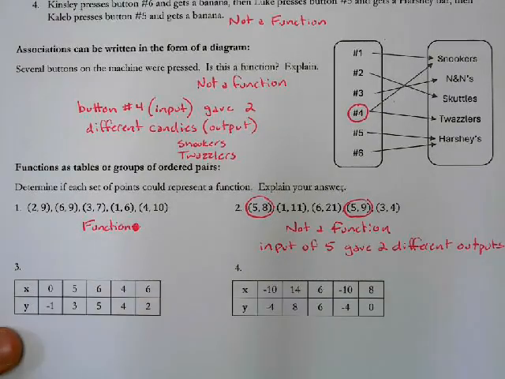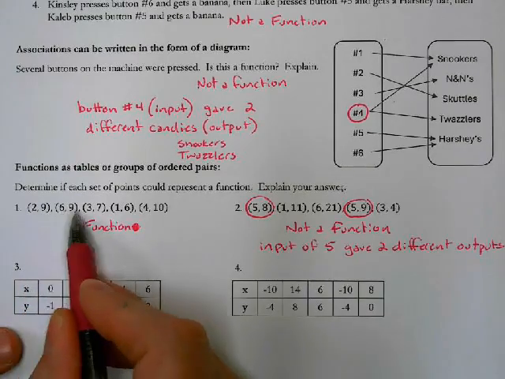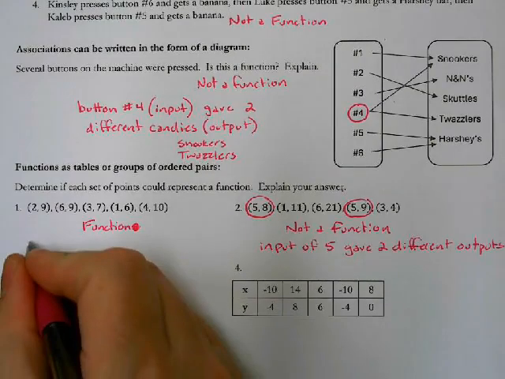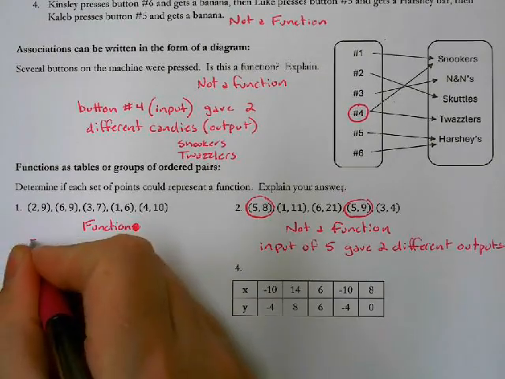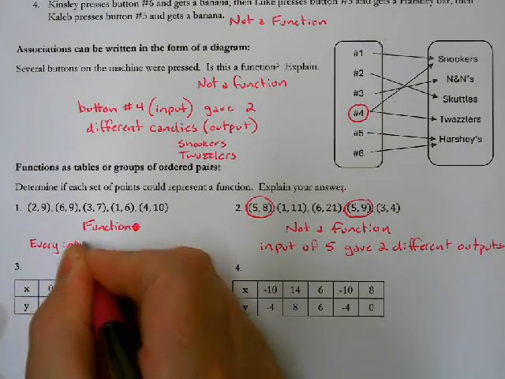Now it doesn't matter that 2 had an output of 9 and 6 has an output of 9. We can have the same output. That's fine, as long as the inputs don't have different outputs. So we would say every input only has one output.